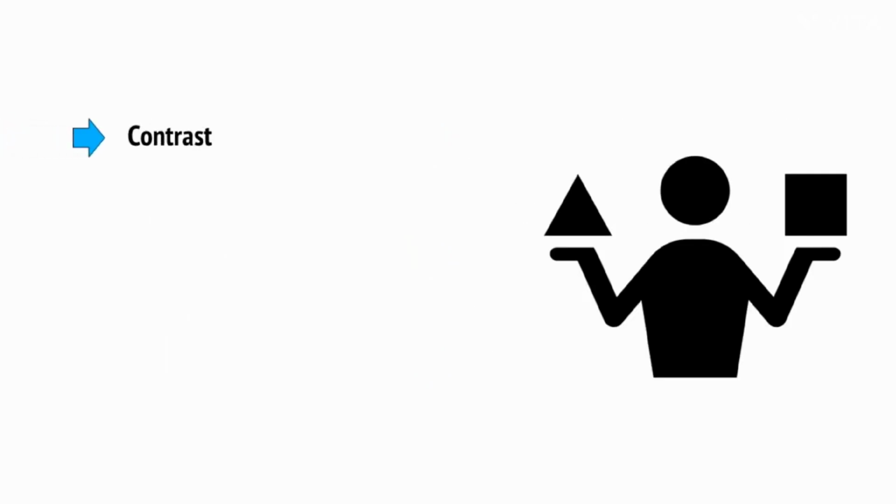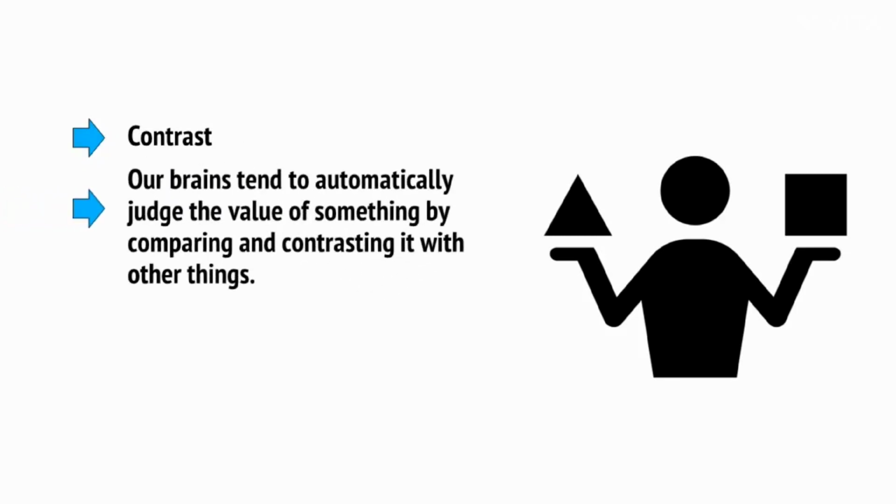We talked about color contrast earlier and making your products physically stand out on your digital shelf. But there's another type of contrast to consider too, and that's the contrast between your price points. Whether we like it or not, our brains tend to automatically judge the value of something by comparing and contrasting it with other things.